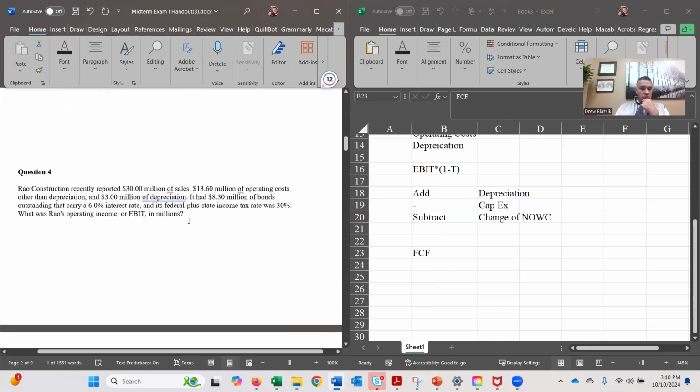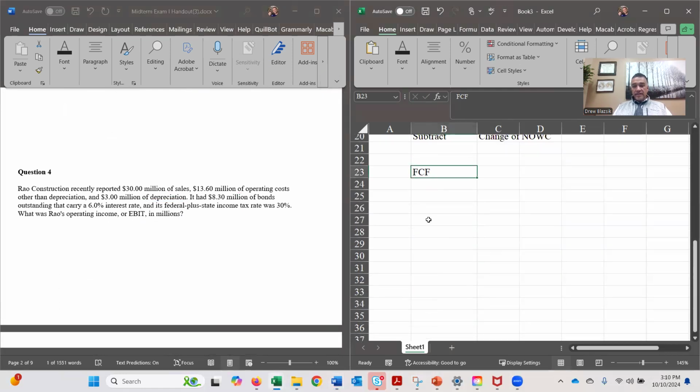Question 4, rail construction recently reported 30 million of sales, operating costs. So again, you're doing the same thing we did here. We're going to take sales and then we want to subtract out operating costs, subtract that out, subtract out depreciation. It has bonds outstanding.